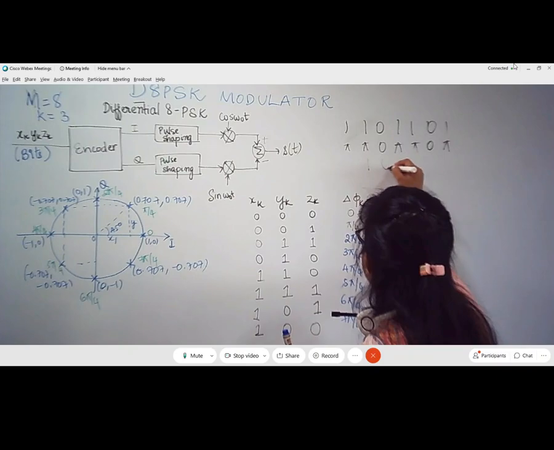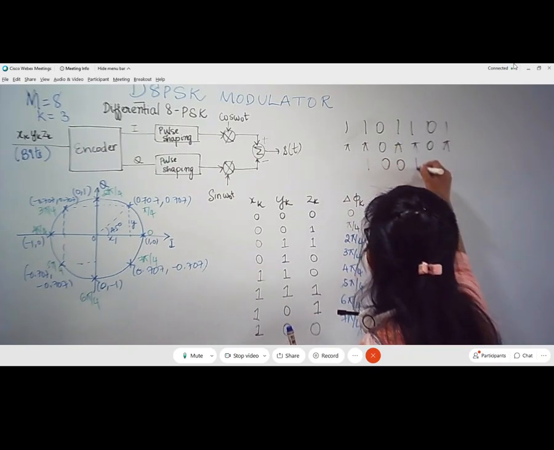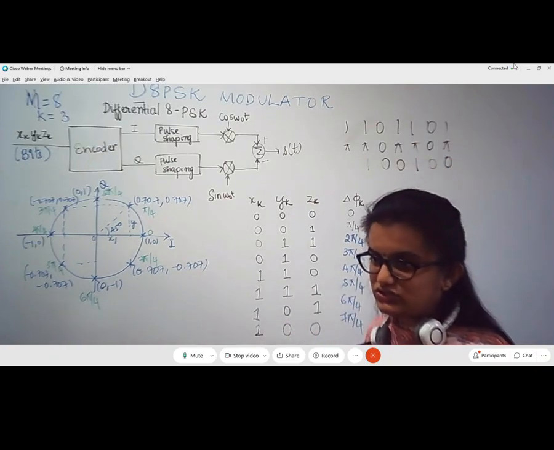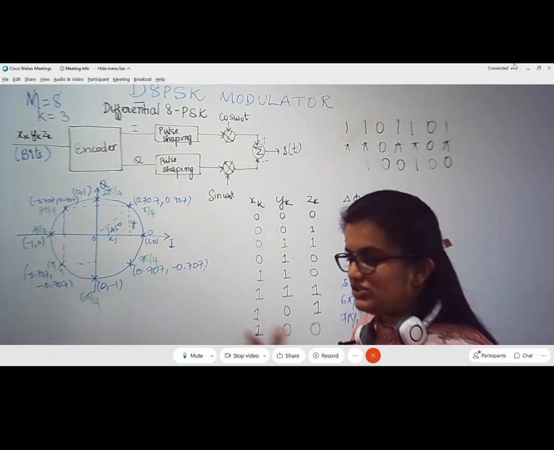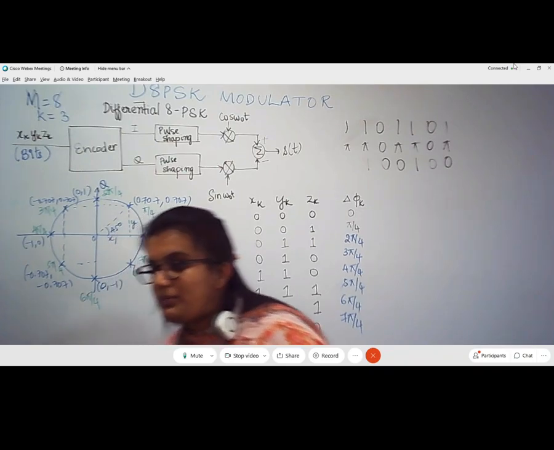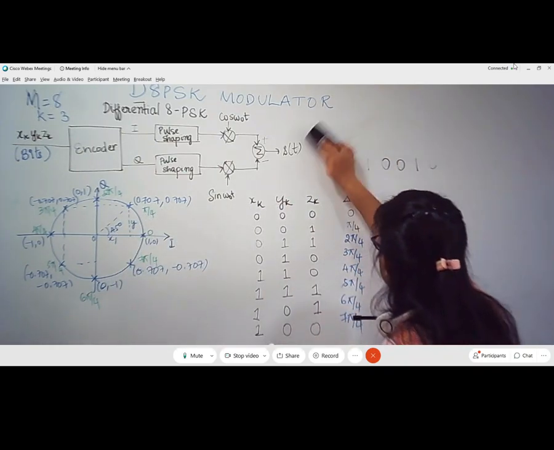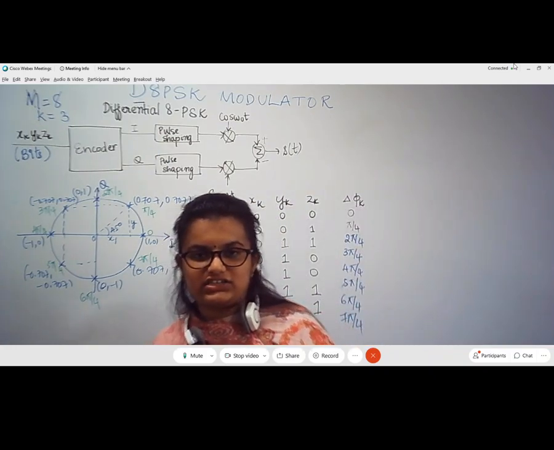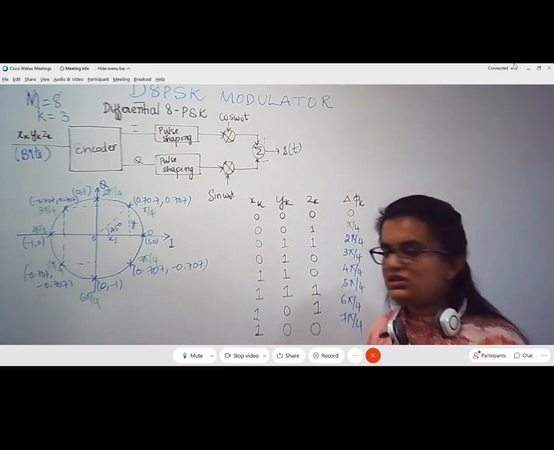If the phases are different, it is 0. Depending on the change in the phases, we compare it with the previously sent bit, and then we do that recognition at the transmitter or at the receiver.